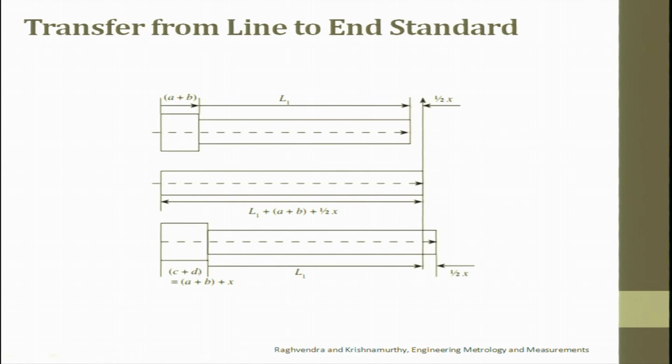When I put C plus D, this half will be extra. So you will see that the end-to-end gauge, when I put the blocks C plus D, is nothing but A plus B plus x. So it will be projecting outside, and what projects outside is nothing but half x. So now you are able to understand.